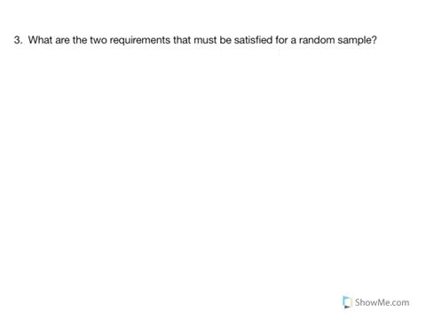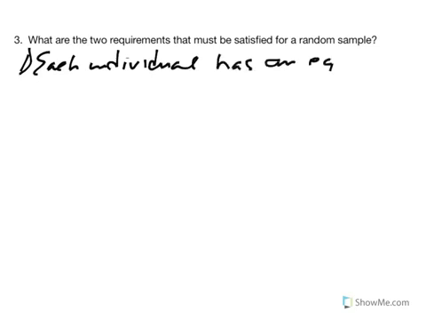Number 3, what are the 2 requirements that must be satisfied for a random sample? From our reading we learned that 1, each individual has an equal chance of being selected.